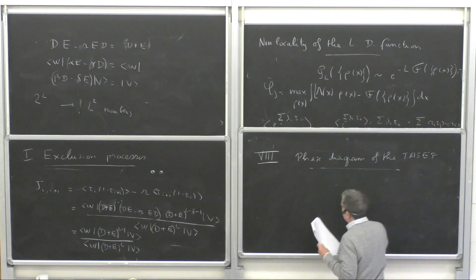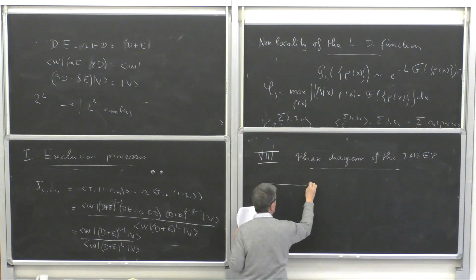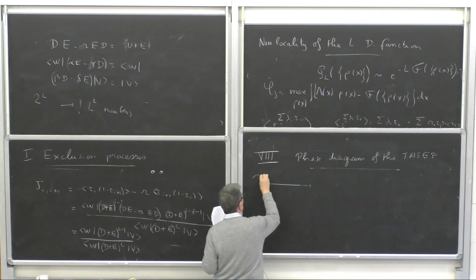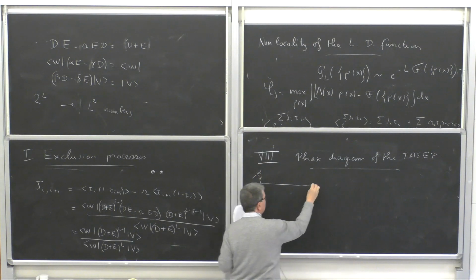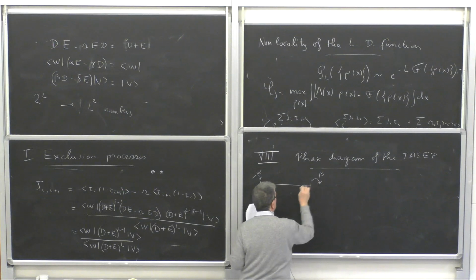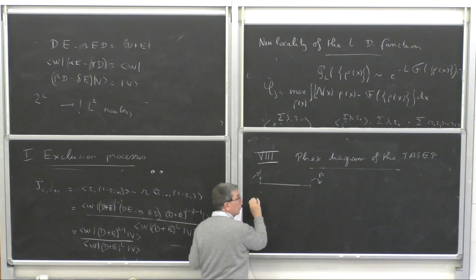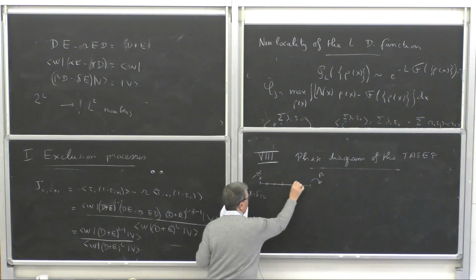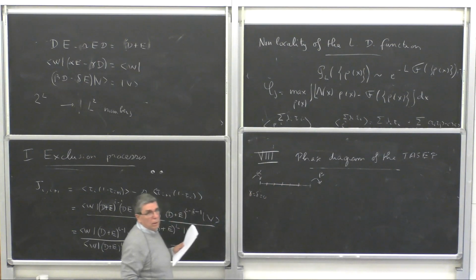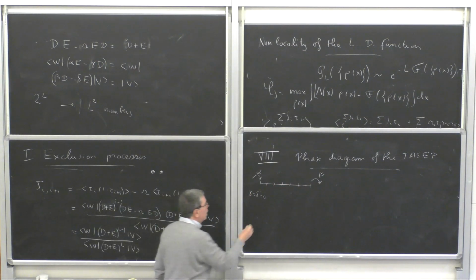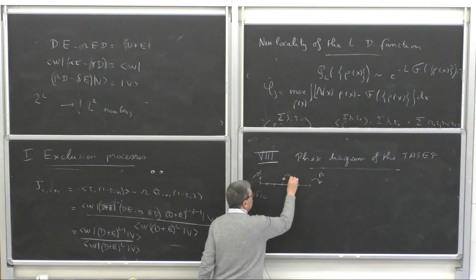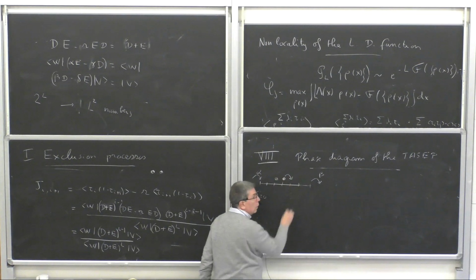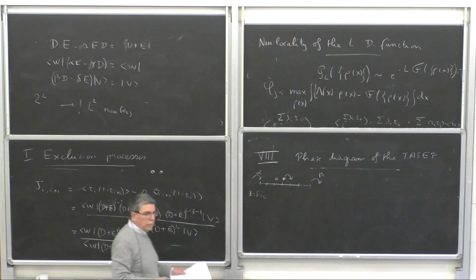The TASEP, you remember, and I want to consider the situation where there is alpha here, beta there, and no gamma and no delta, so gamma and delta are 0. So particles enter on the left, leave on the right, and they can only jump to the right. They cannot come back.